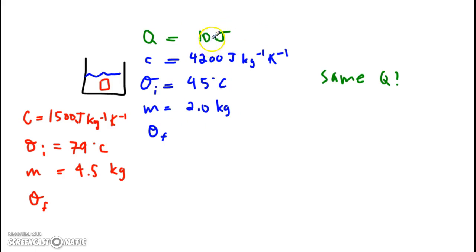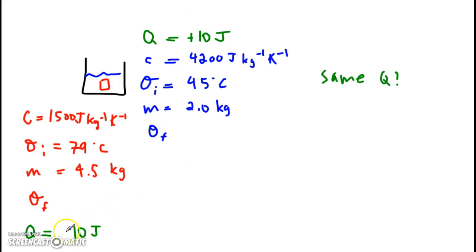It's not 10, I'm making up that value, but imagine it's 10. The water is going to be gaining energy as it rises in temperature. Where does the energy come from? The water is gaining energy that is released from the block. So if the water gains 10, then the block releases 10.